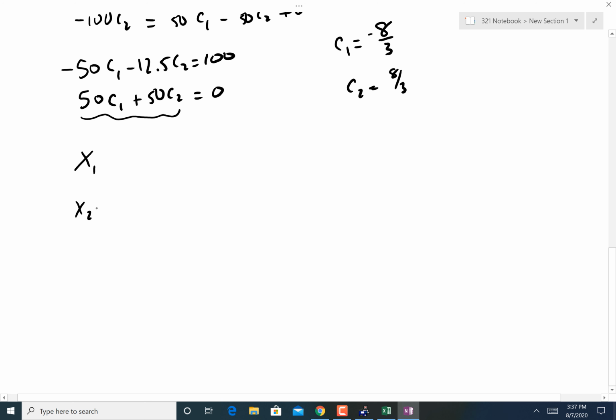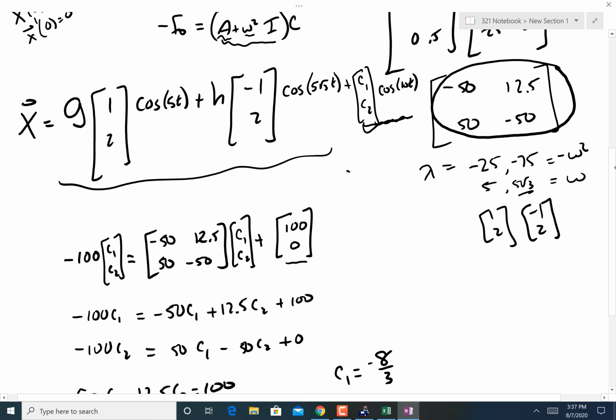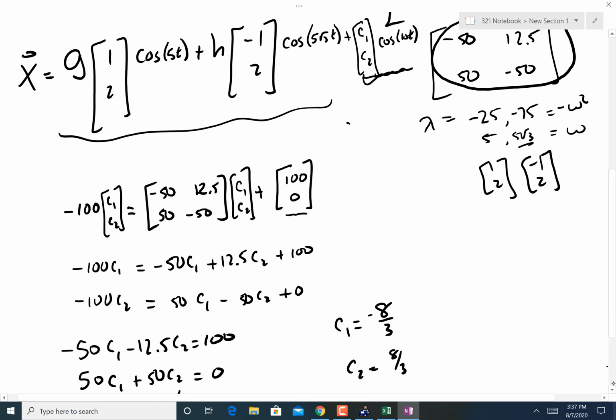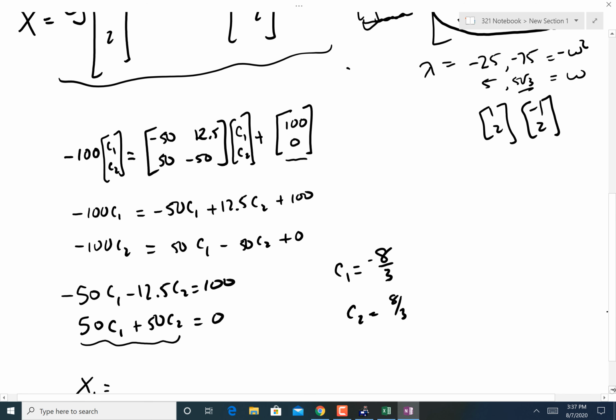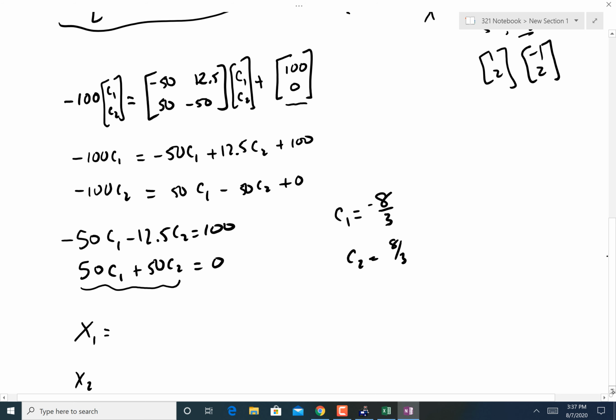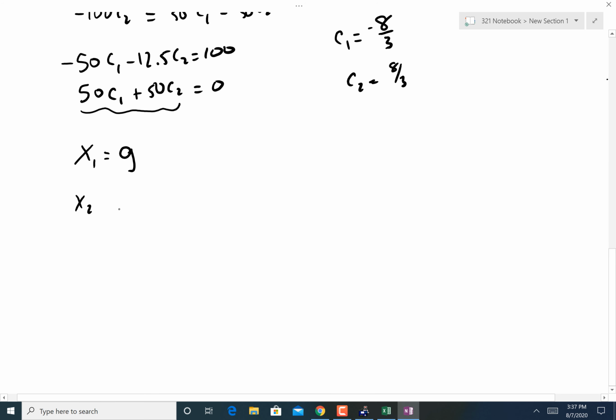So here they are. I'm going to write them as x1 and x2. As I mentioned previously, I used G and H. So I'm going to write it out as G here and 2G here, cosine 5t.